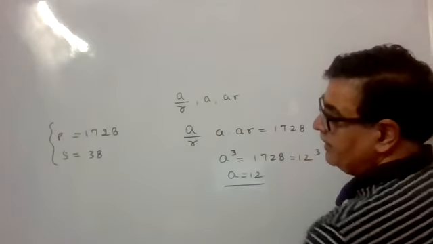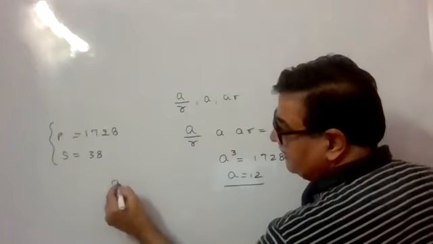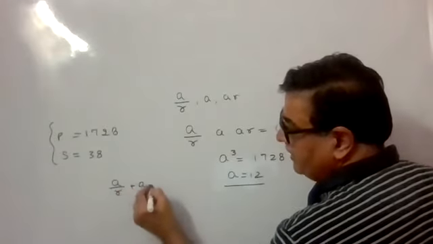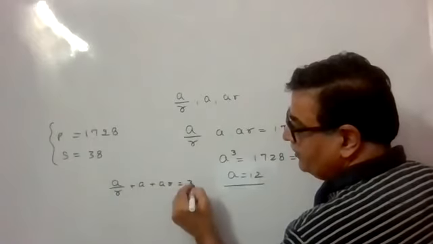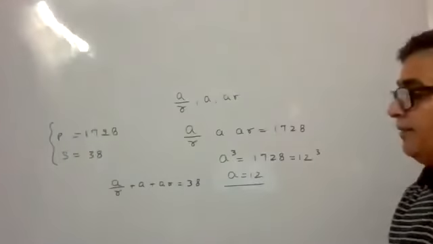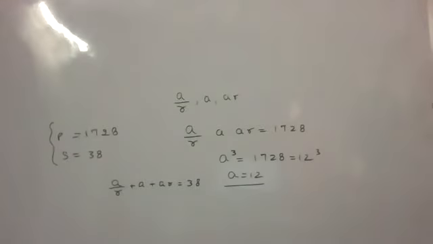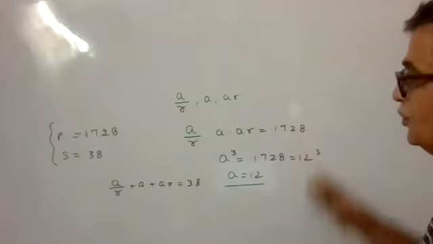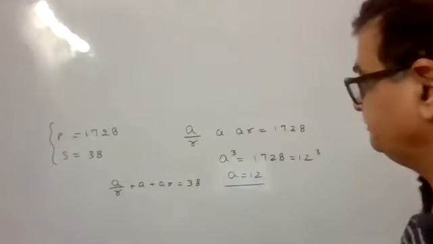After getting A, now the sum is given. That means A by R plus A plus AR is given as 38 in the question. A is already 12. Now we should calculate R also.